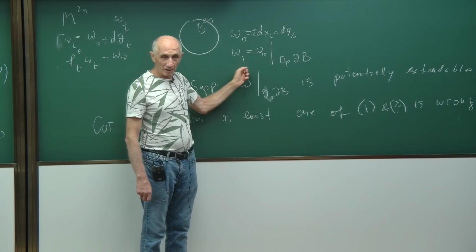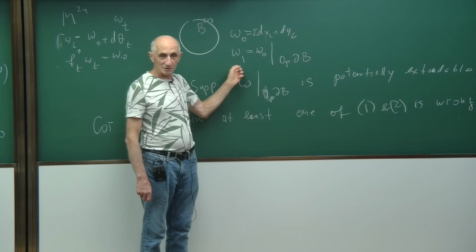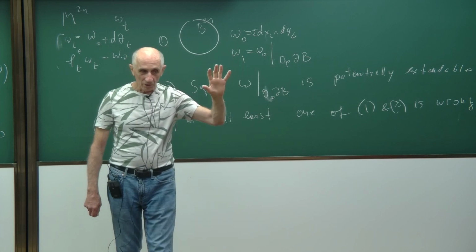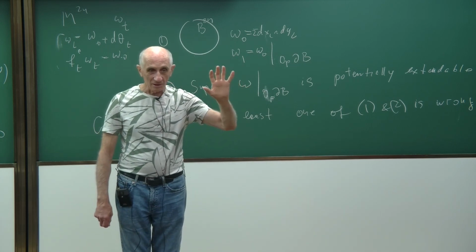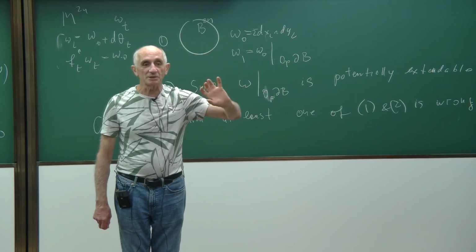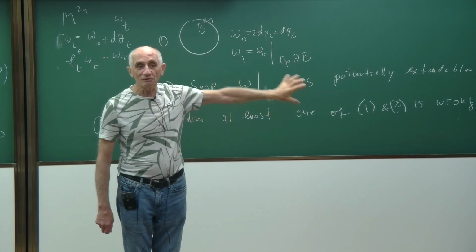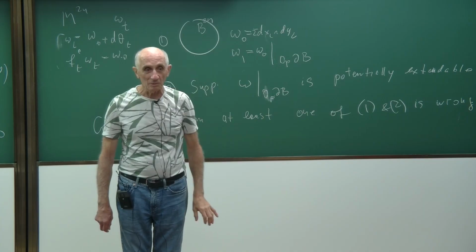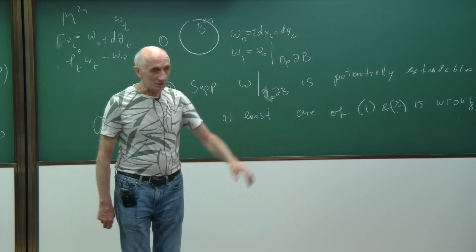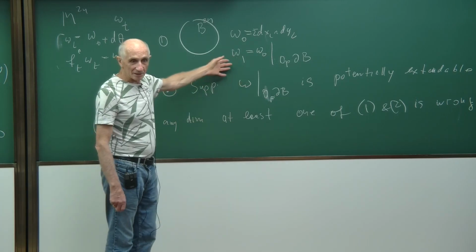Given such omega, there exists a symplectomorphism between omega 1 and omega 0. But what we don't know in this case is whether the group of diffeomorphisms of the ball fixed on the boundary is connected or not. This is an open problem, and in view of Gromov's theorem it is exactly the same problem as asking whether the space of such symplectic structures is connected or not.